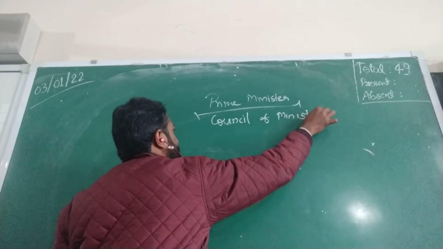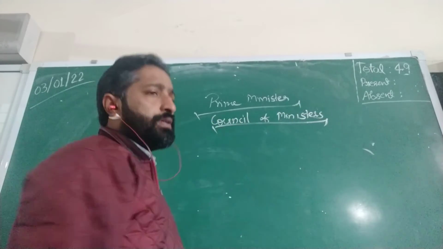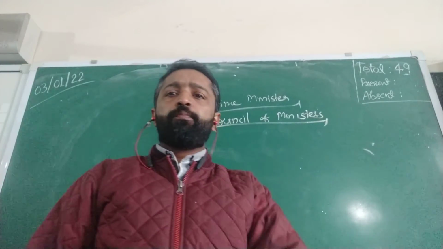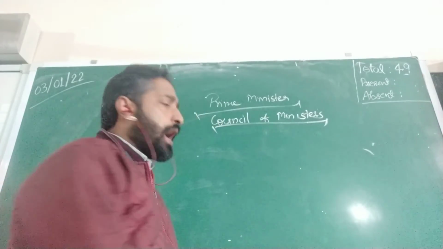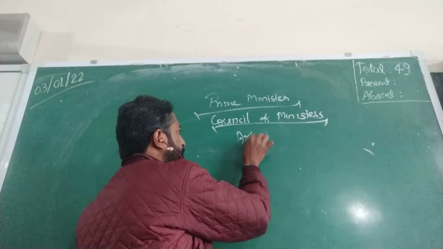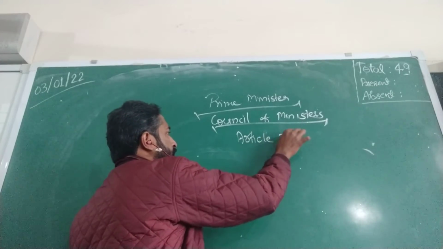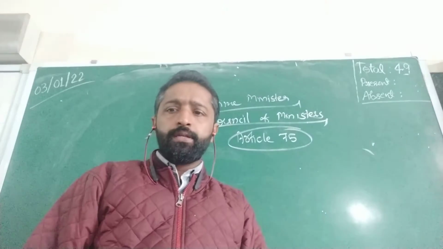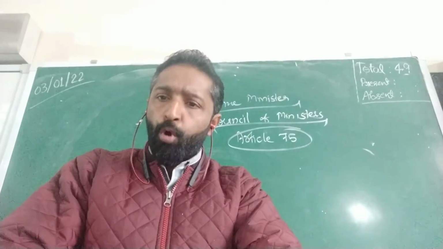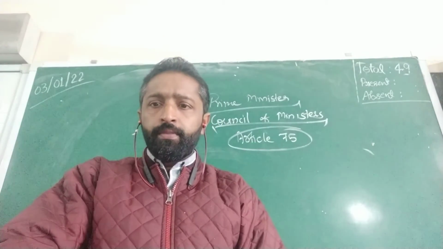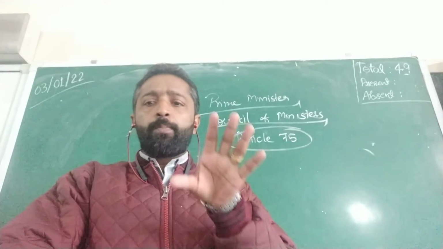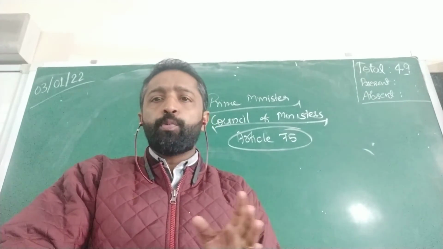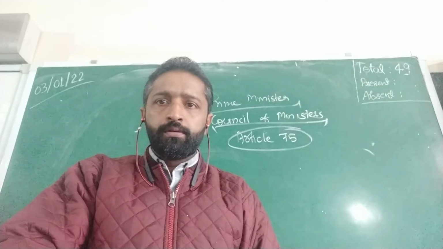So where do we see that there must be something called the Council of Ministers? It is given in Article number 75. Article 75 says that the Prime Minister shall be appointed by the President and other ministers to be appointed by the President on advice of the Prime Minister.